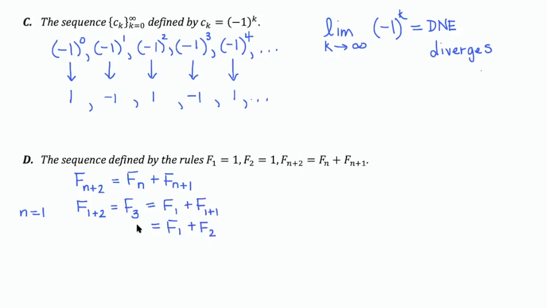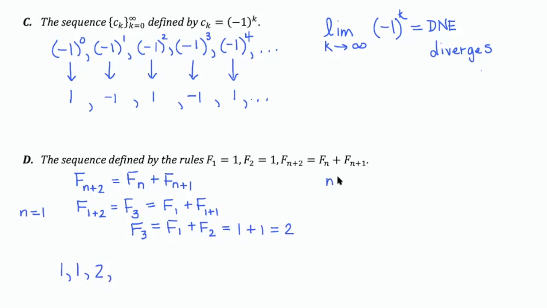In other words, to get the third term in the sequence, I add the previous two. So f sub 3 would equal, we're told f sub 1 is 1, f sub 2 is 1, so I would be adding 1 plus 1 to get 2. And that's the third term in the sequence. So far I have 1, 1, and 2.